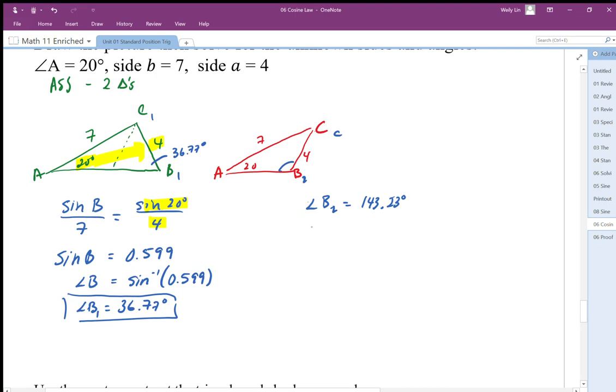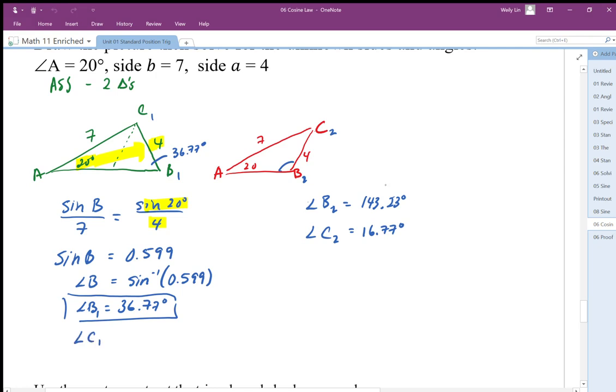And from that I can deduce angle C2, subtracting from 180. I get C2 is 16.77 degrees.